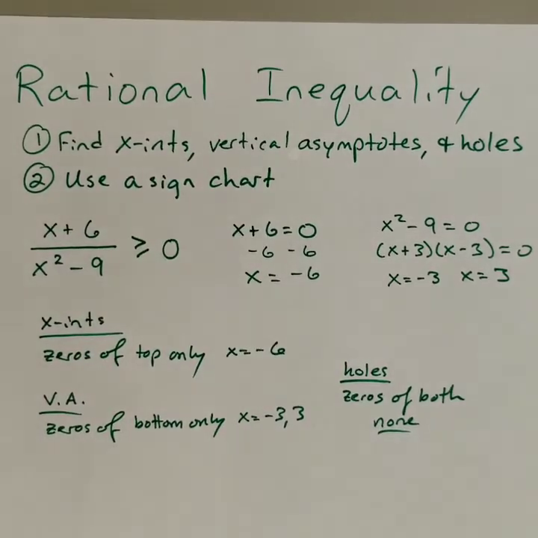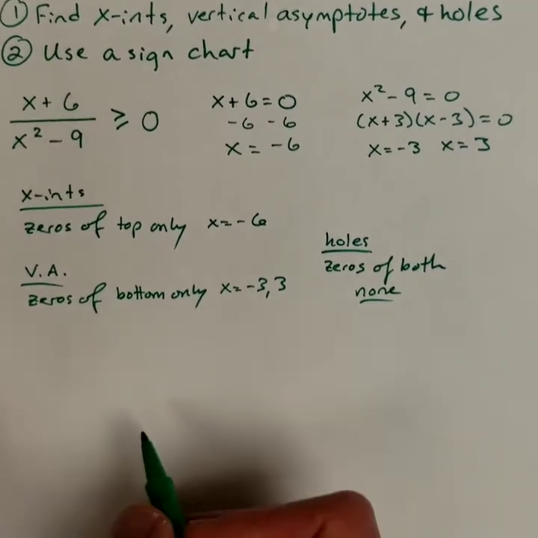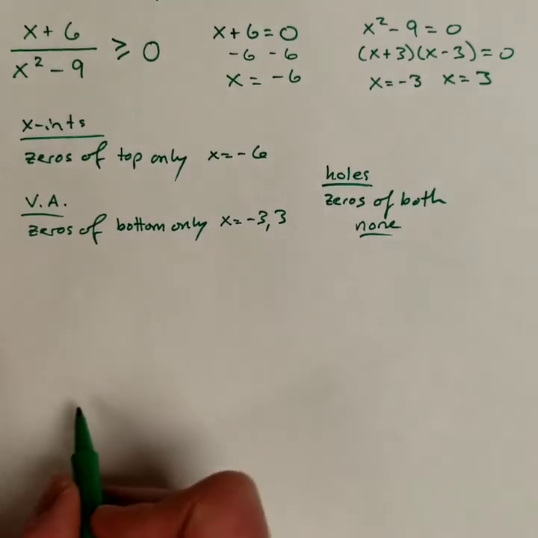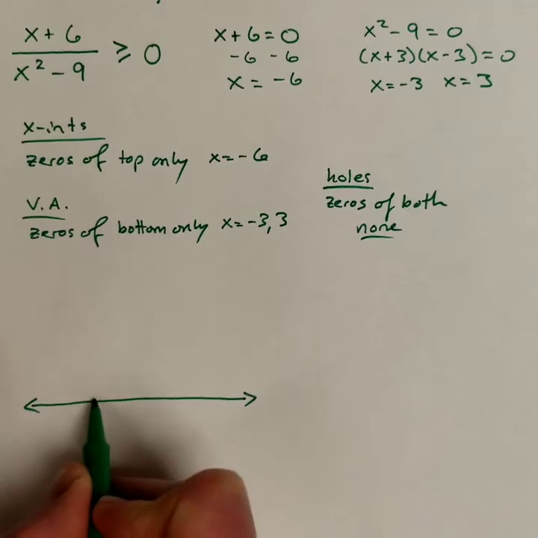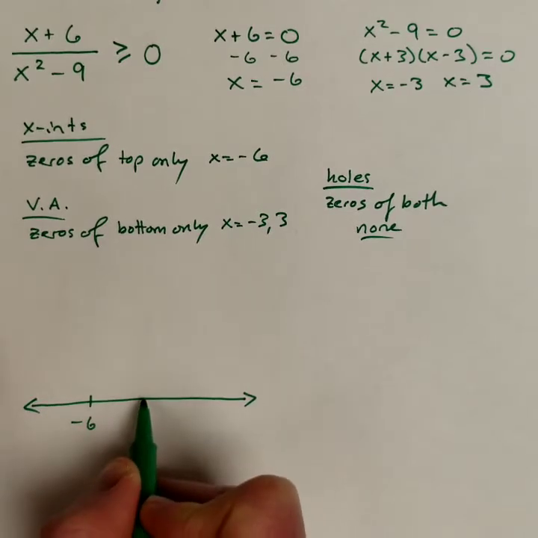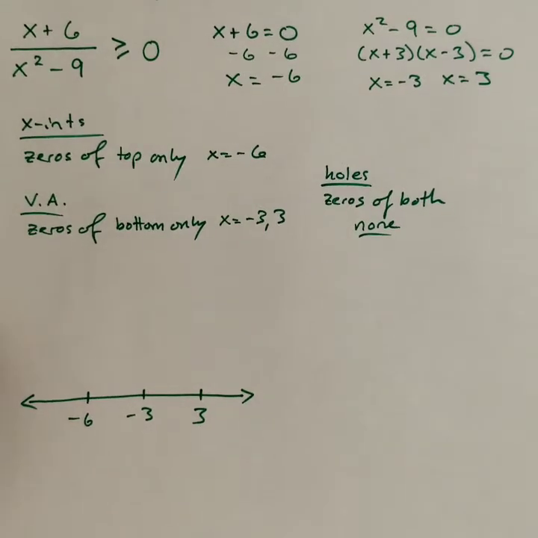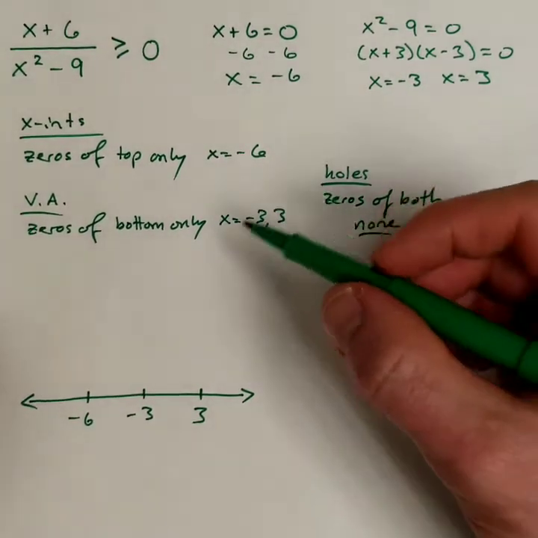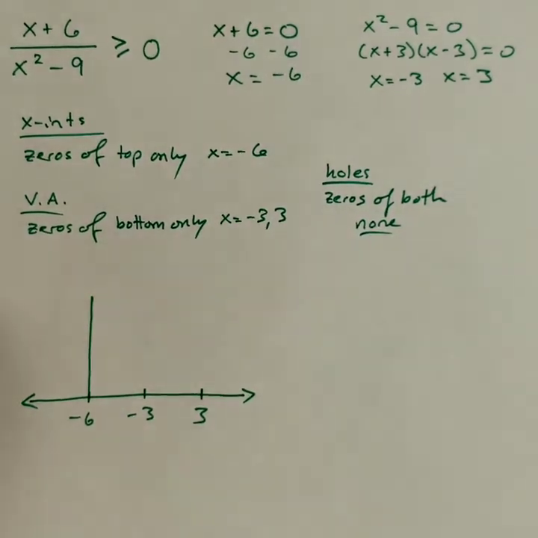Okay, so now I'm going to take these three numbers and put them into my sign chart. Now the sign chart is a little bit bigger. I need three numbers: negative 6, negative 3, and 3. The negative 6 is an x-intercept. That is going to be included no matter what.